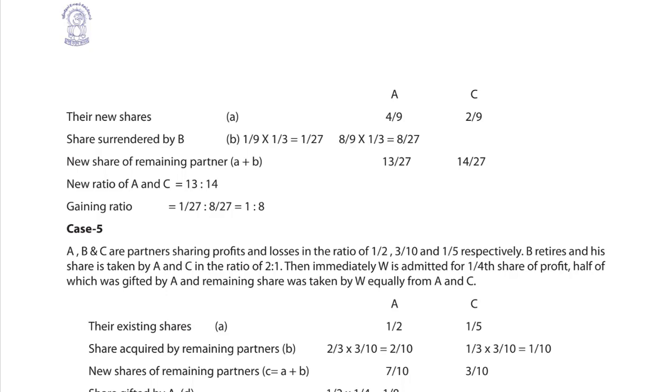Share surrendered by B because B retires. So 1 by 9 multiplied by 1 by 3 equals 1 by 27 and 8 by 9 multiplied by 1 by 3 equals 8 by 27. The new share of remaining partners is 13 upon 27 and 14 upon 27. The new ratio is 13 is to 14 and the gaining ratio is 1 is to 8.